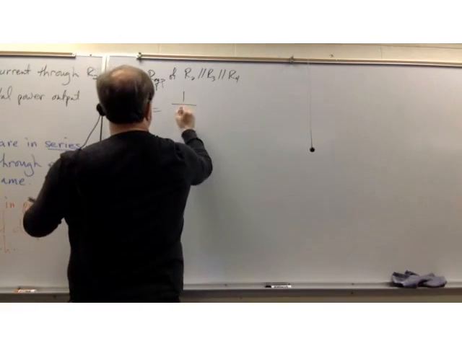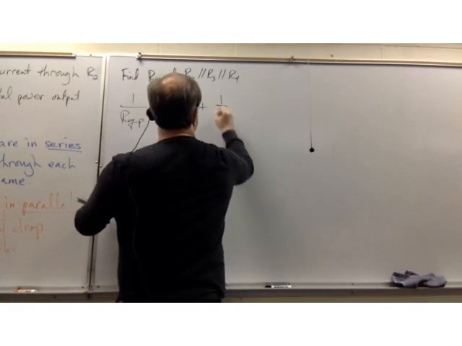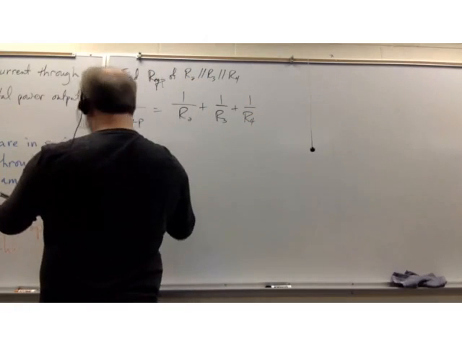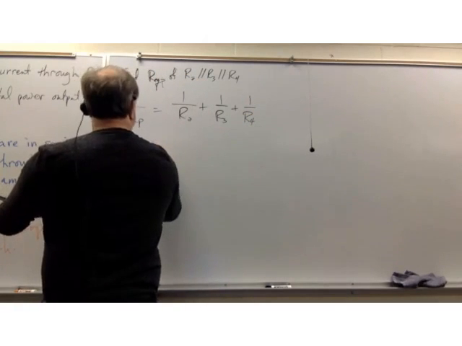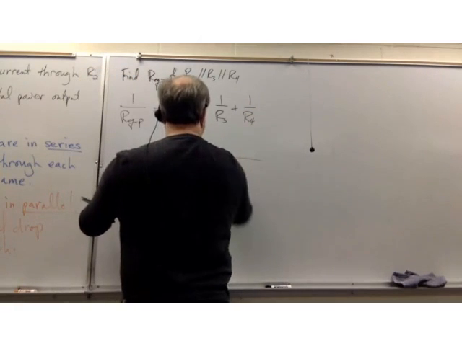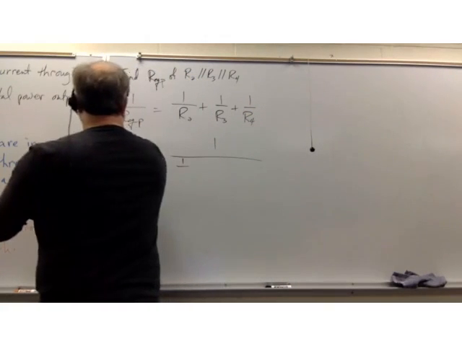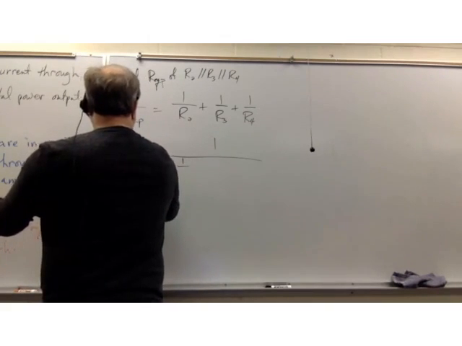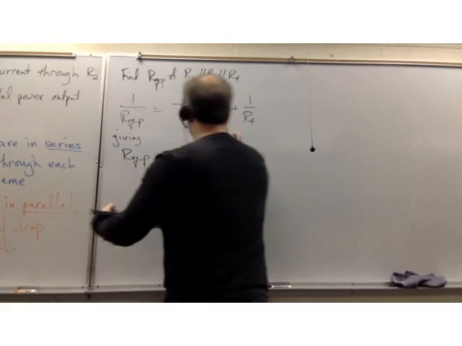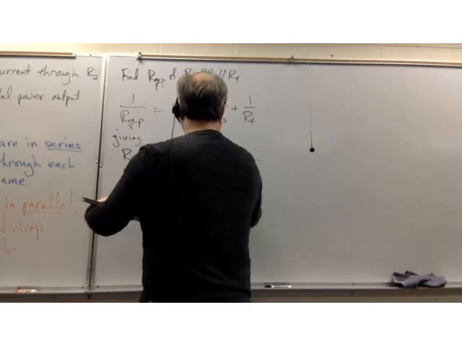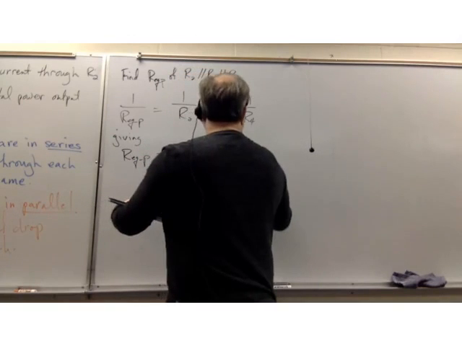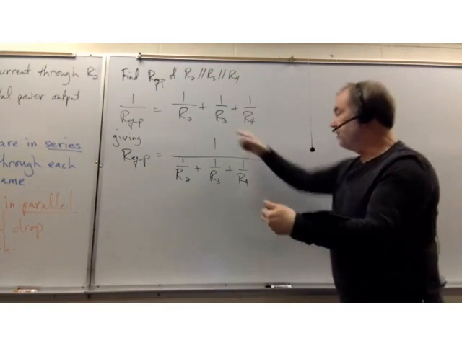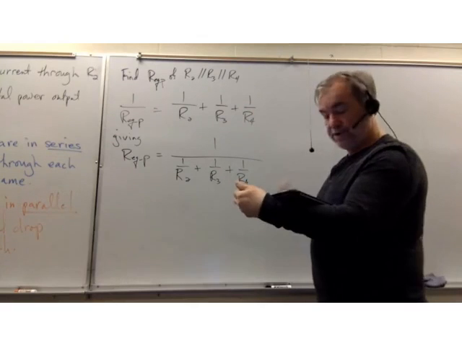So it's the sum of the reciprocals. And I'm going to be lazy. And then I take the reciprocal of both sides. And you'll see in a few minutes why I feel justified in being lazy. Obviously, I just took the reciprocal of this relationship there.